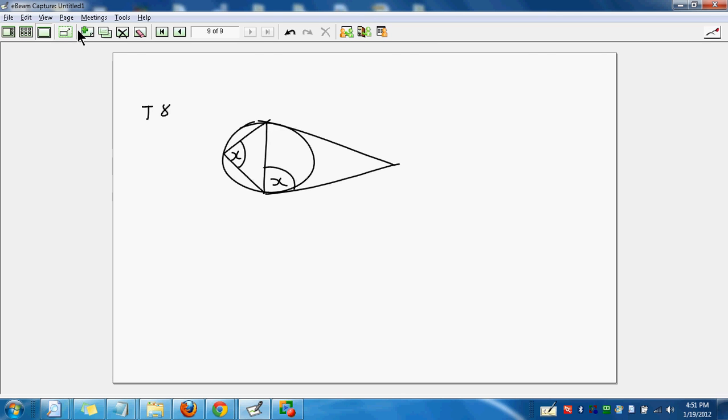So if this is T, and this is B, this is A, then the angle between the tangent TB and the chord AB is equal to the angle in the alternate segment created by that same chord. So if you look at the chord AB, then if we go to the circumference and come back, we create another angle in here, which will be equal to the angle between the tangent and the chord.